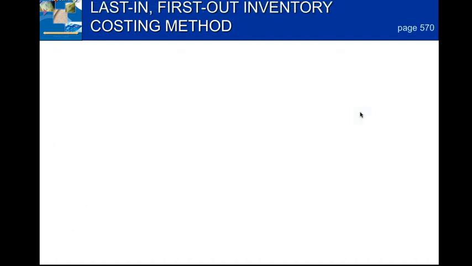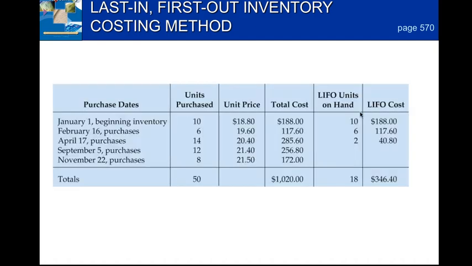Okay, the second type that businesses use is the last in, first out inventory costing method. This is called LIFO. This method is based on the idea that most recent costs of merchandise should be charged against current revenue.